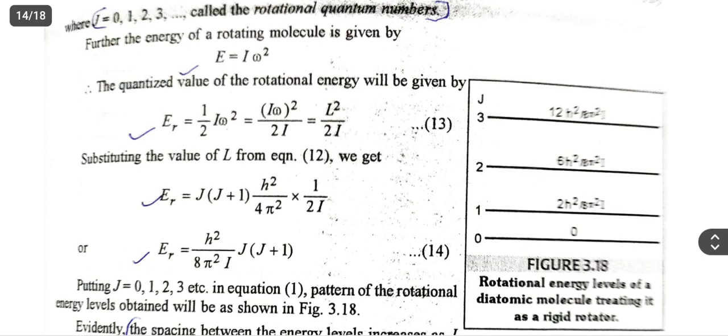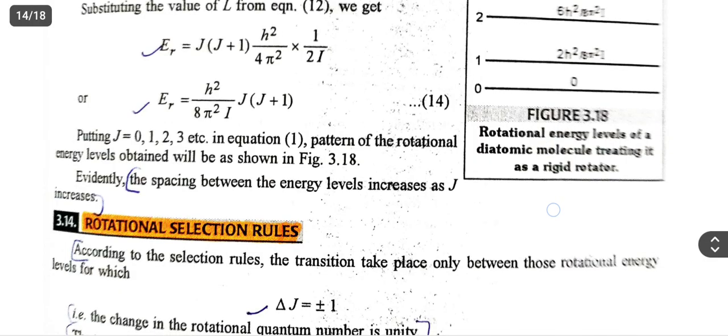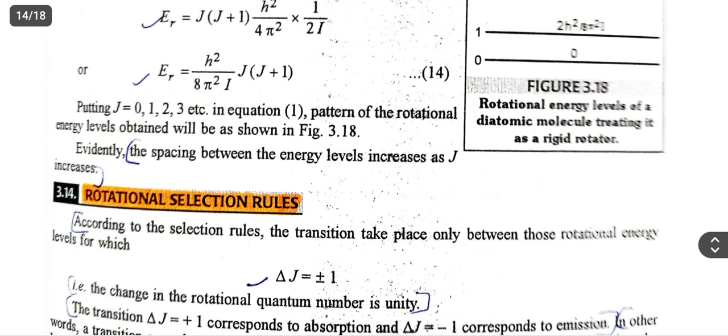The energy is E = ½ Iω², which is L² / 2I. Substituting the value of L, E_R = J(J+1) h² / (4π²) × 1/(2I) = h² / (8π²I) J(J+1), where J = 0, 1, 2, 3, etc.